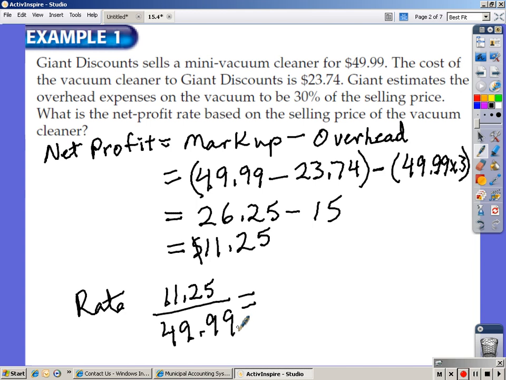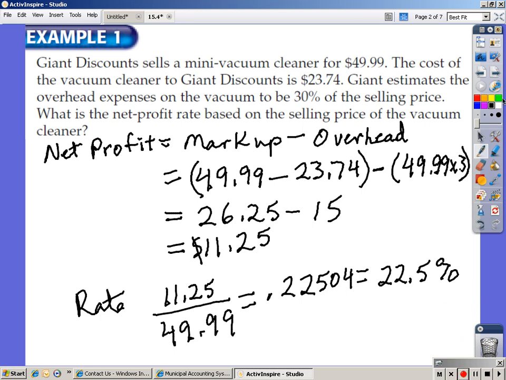Okay, $11.25 divided by $49.99 is 0.22504, which works out to be 22.5%. All right, net profit rate.